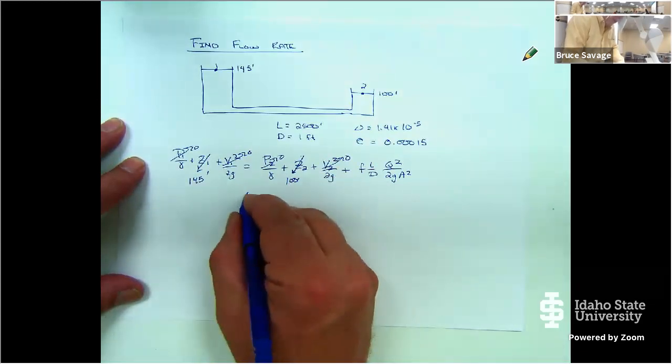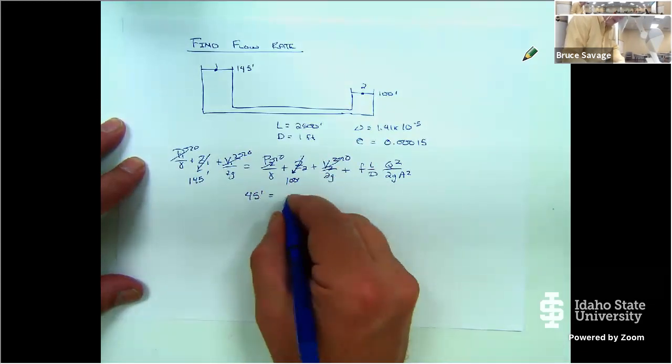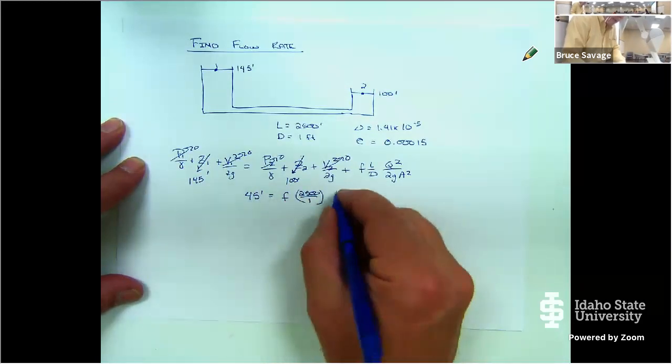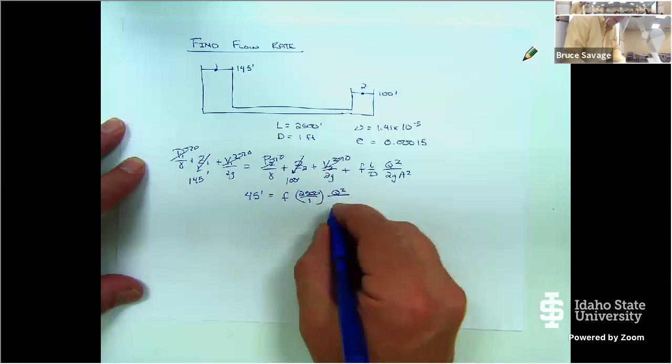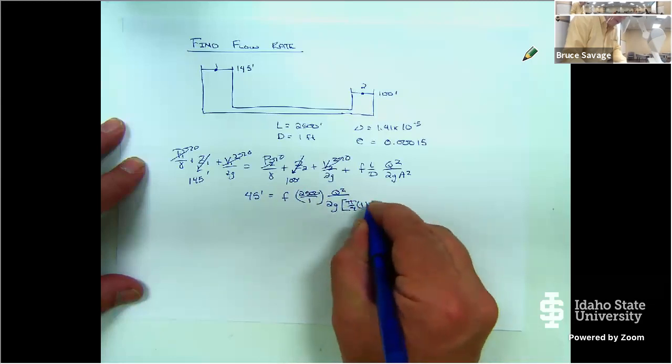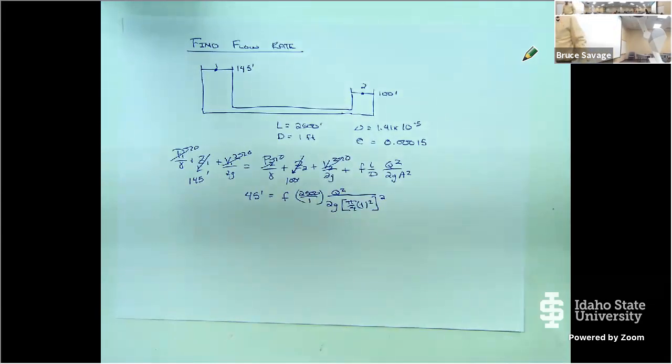So in the end, I end up with 45 feet is equal to F times 2,500 divided by 1 times Q squared divided by 2G, and then my area is going to be pi divided by 4, 1 squared, quantity squared. So just simplified our life there a little bit. Put the values in, and we're looking at this equation now.